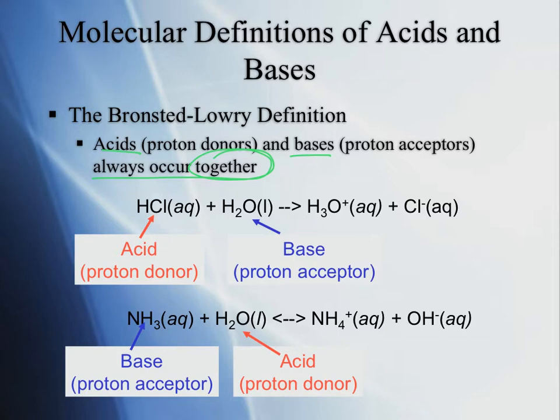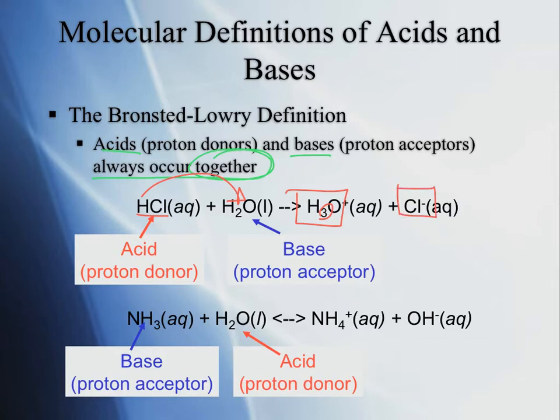Or if one's taking it, then the other substance has to be giving a hydrogen ion as well. So, like I said before, you always have to look at the before and after picture and see what's going on. So here, HCl is giving away a hydrogen ion to water, so water becomes H3O instead of H2O, and then HCl just ends up as Cl minus.